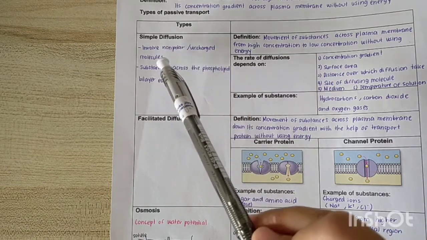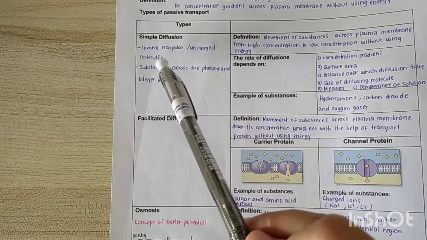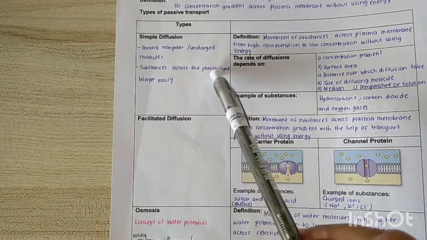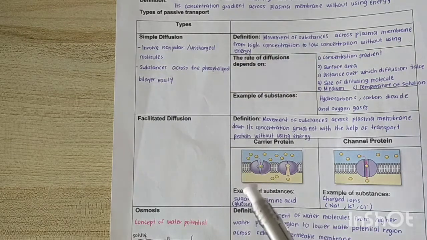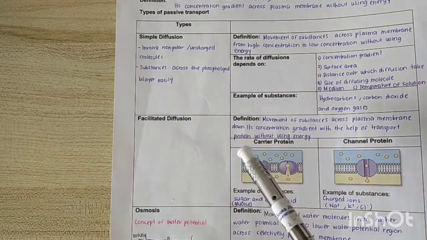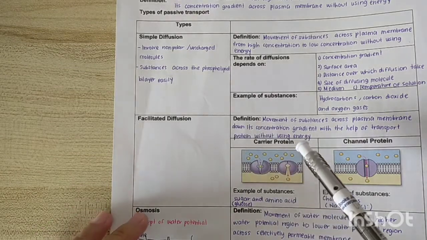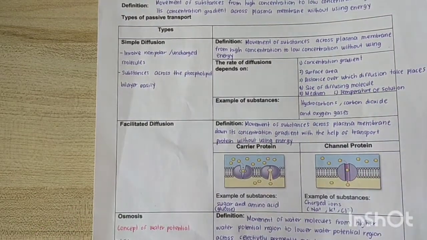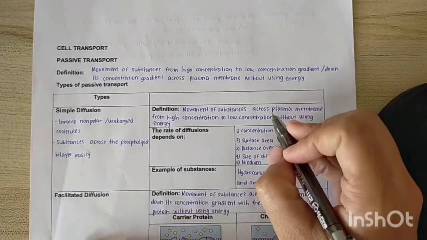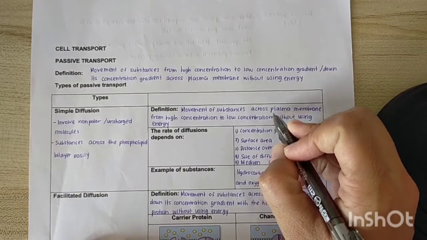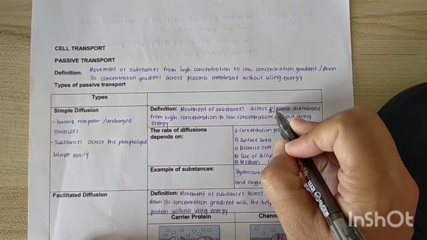The first one, it will involve non-polar or uncharged molecule, and the substance crosses the phospholipid bilayer easily. So for simple diffusion, it does not need help from the transport protein. And for this one, here you have to add gradient: high concentration to low concentration gradient.